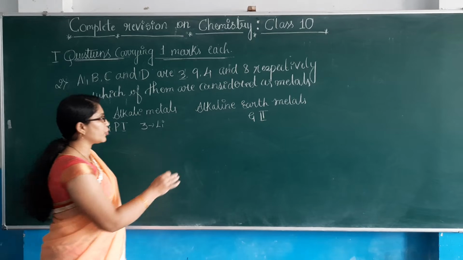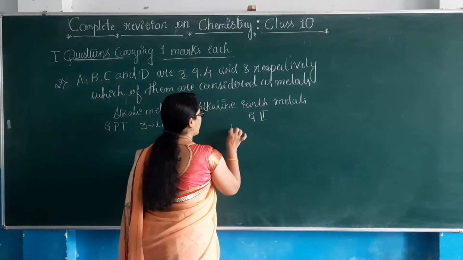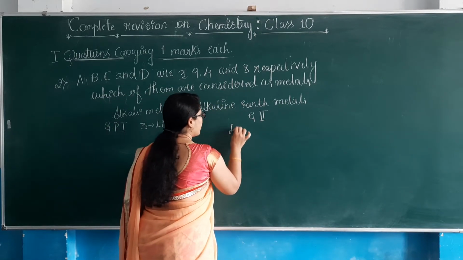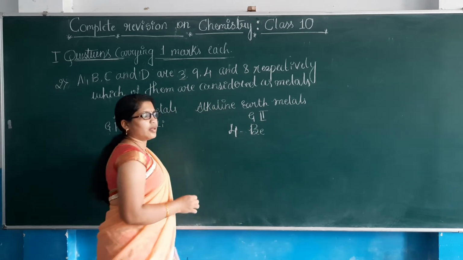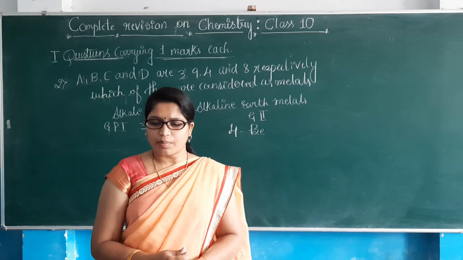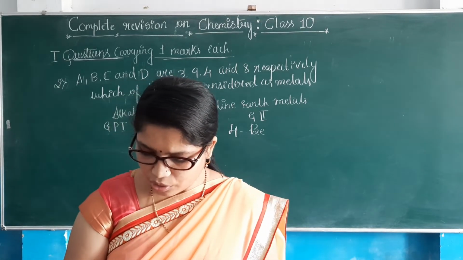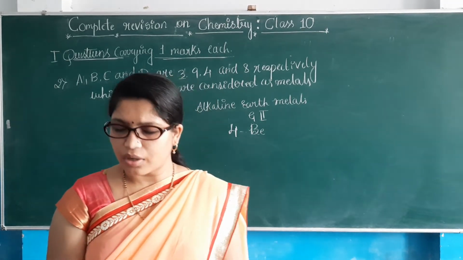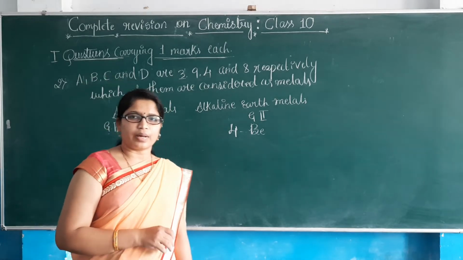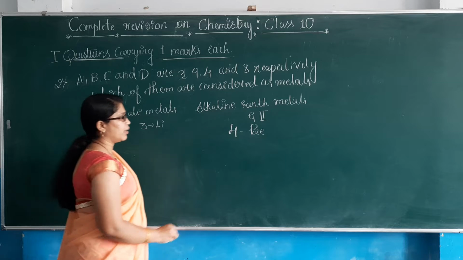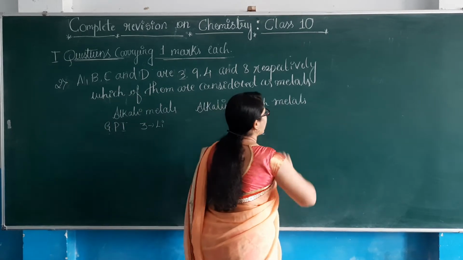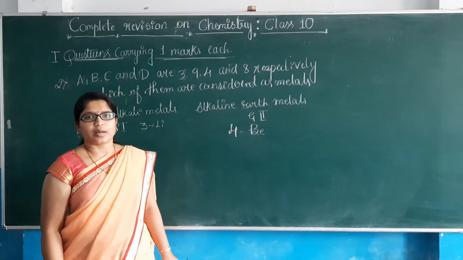So which element comes under group 2? 4. That is atomic number 4. What do we call it? We call it beryllium. So I already said, up to atomic number 18 everyone should be able to write the symbol and electronic configuration, right? So 3 is considered as alkali metal and 4 is considered as alkaline earth metal, which comes under group 2.